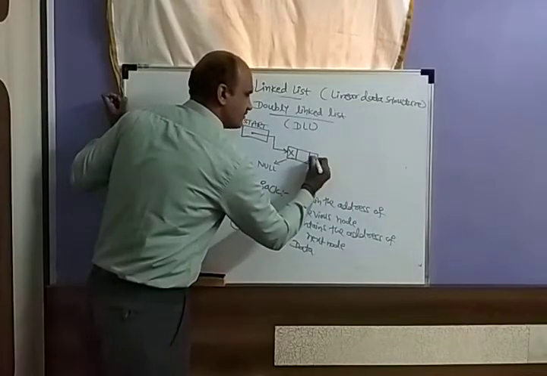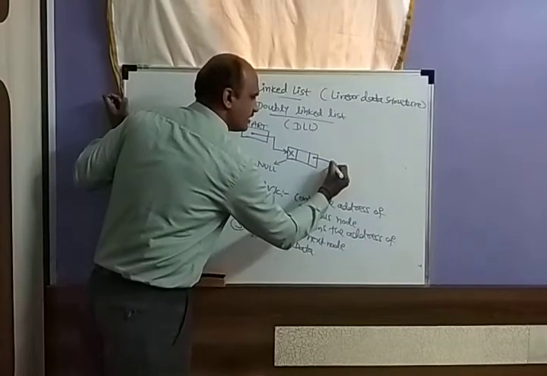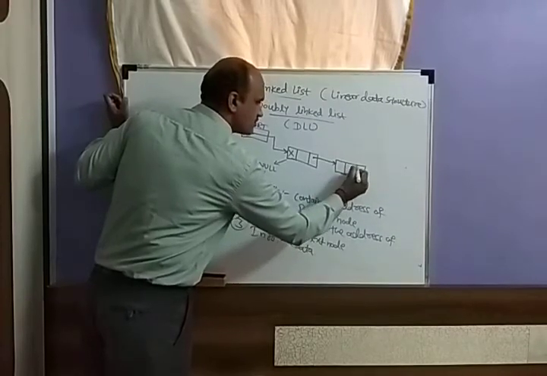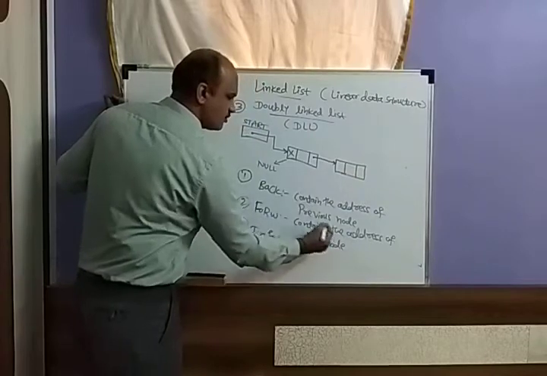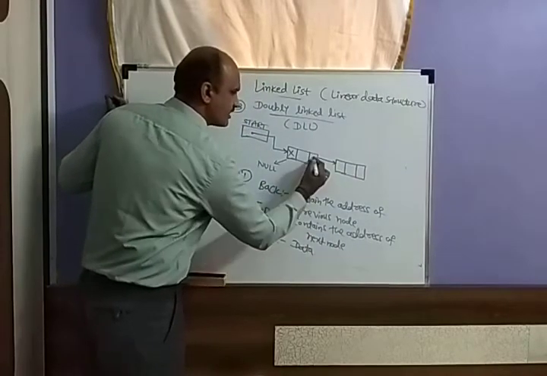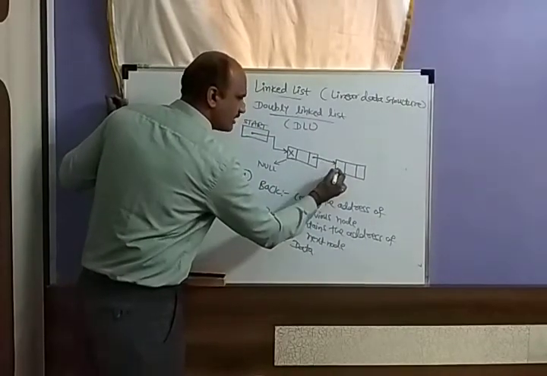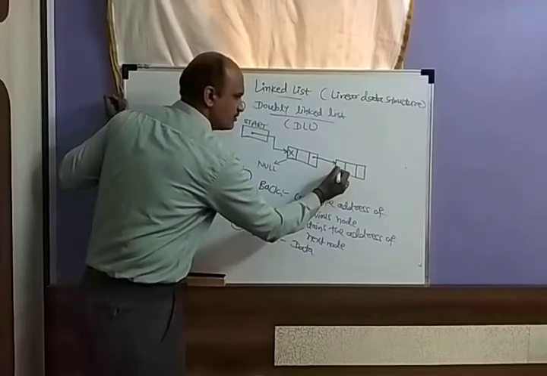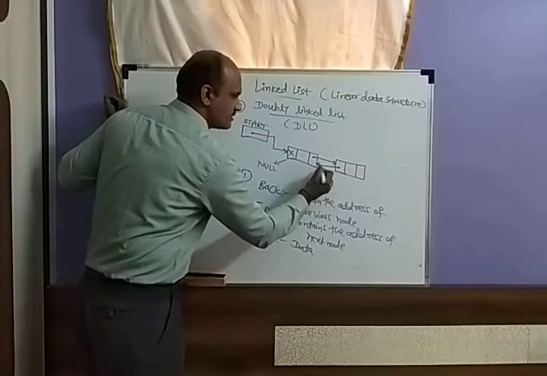The next connection goes to the next node, again with three parts. Forward contains the next node and backward contains the previous node.